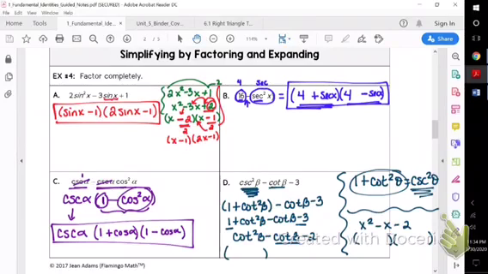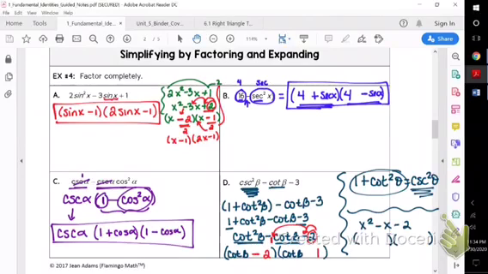So we know that those first terms have to multiply to give me cotangent squared. So it's going to have to be cotangent times itself. And we know our last two numbers are going to multiply to 2 and subtract to the 1 in front right there. So that's going to be 2 and 1.